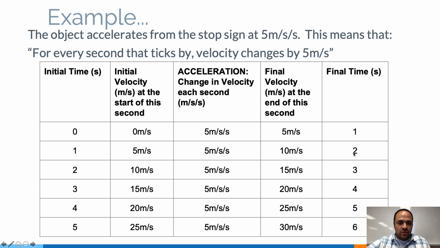From 1 to 2 seconds, same acceleration, the object is going to change its velocity again by 5 meters per second. And so now at the end of that second, we are now at 10 meters per second. So every second that goes by, velocity increases by 5. That's all that this is telling us. So an acceleration of 5 meters per second per second means that for every second, velocity is going to change, in this case, by increasing by 5.